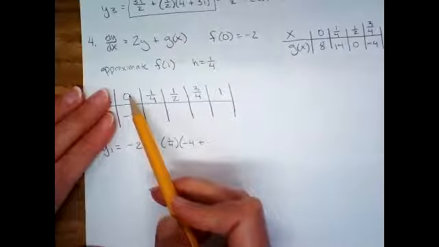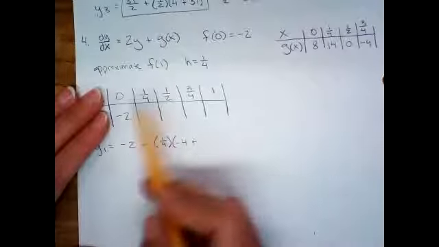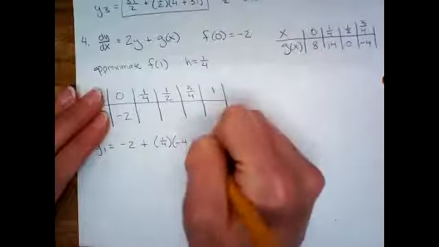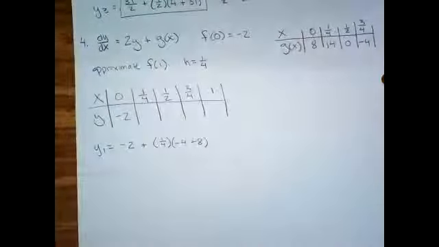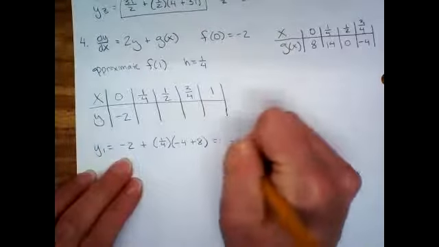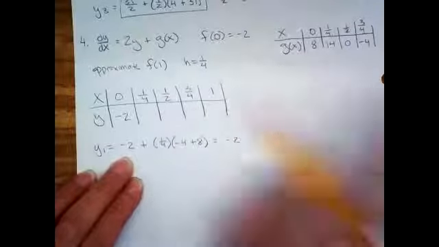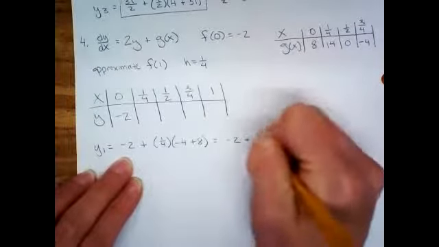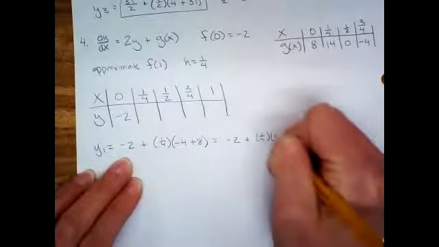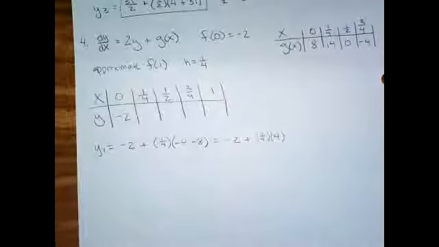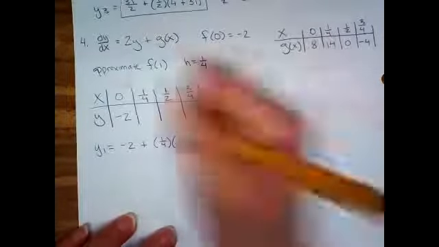Now x is 0, so look at your chart. What's g of 0? It's 8. Good. So this will be -2 plus a fourth times 4. A fourth of 4 would just be 1, so -1.